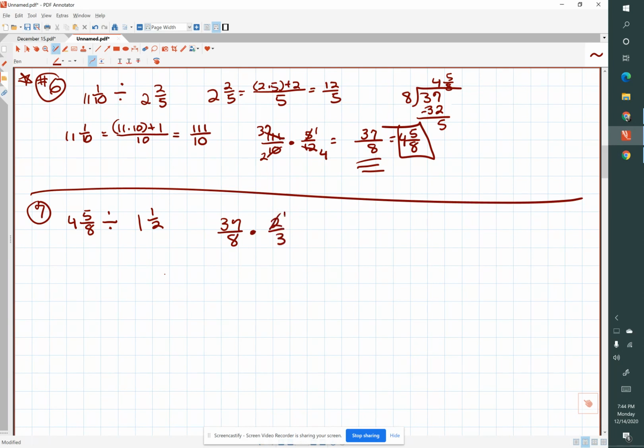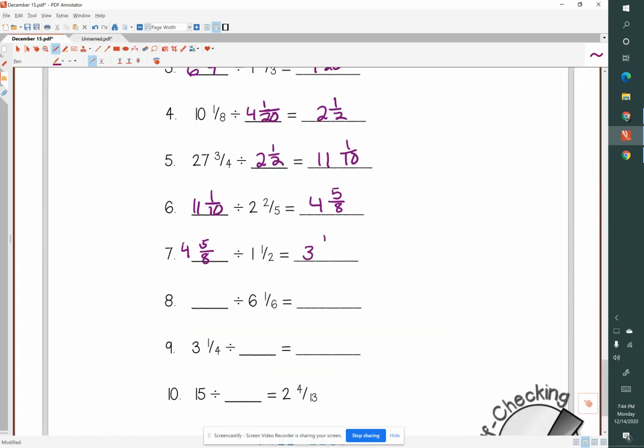So 2 divided by itself is 1. 8 divided by 2 is 4. So 37 times 1 is 37. 4 times 3 is 12. That's our improper fraction, our mixed number we get by division. 3 times 12 is 36. And that's 1/12 left over, so that equals 3 1/12. Which we put on the next line.